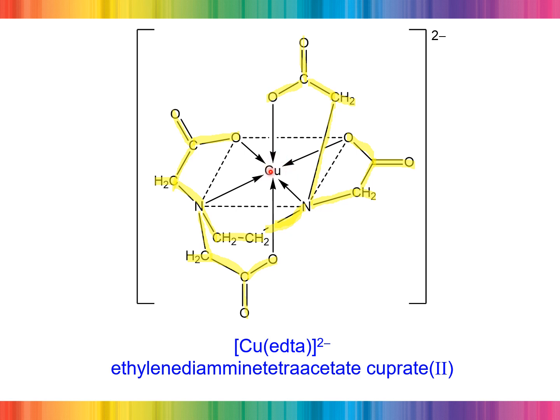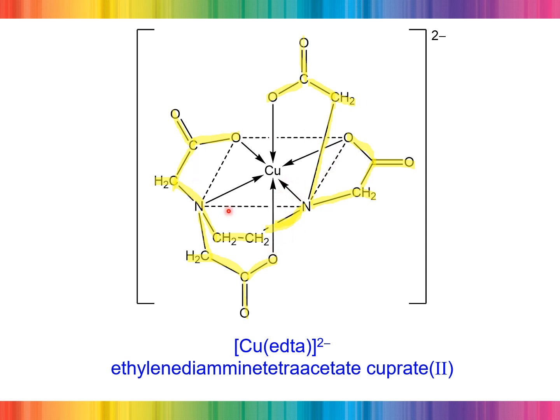We have a copper 2+ here, and you can see how it wraps it such that the 4 oxygens, these are O minus, O minus, O minus and O minus, and your neutral nitrogens here, with lone pairs on them, are able to wrap around in an octahedral arrangement.